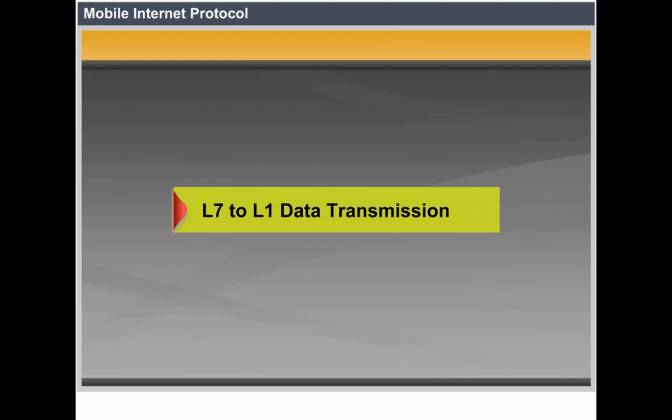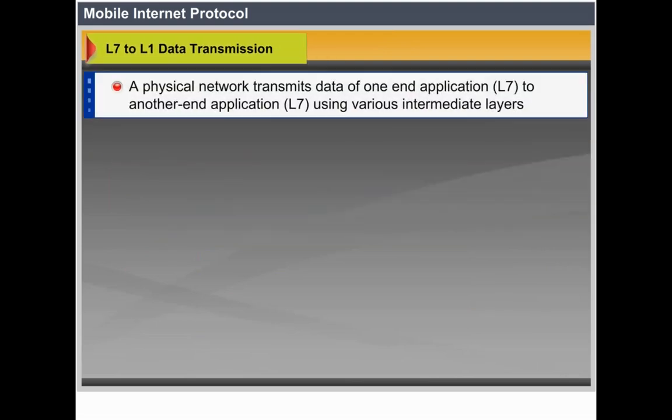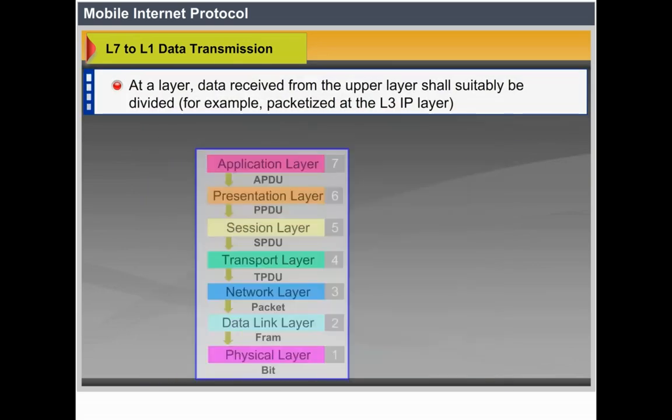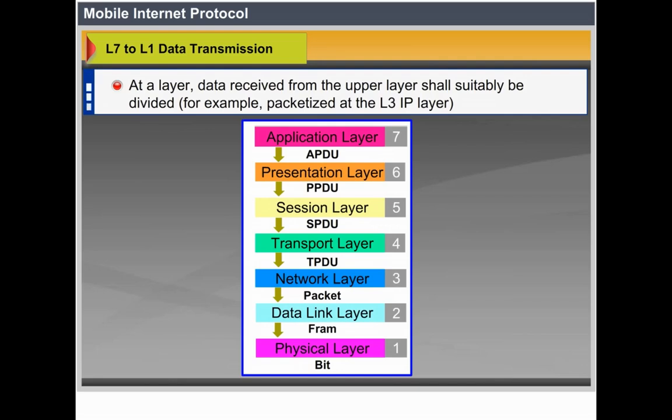L7 to L1 data transmission. A physical network transmits data of one end application, L7, to another end application, L7, through the various intermediate layers. At a layer, data received from the upper layer can be suitably divided, for example, packetized at the L3 IP layer.